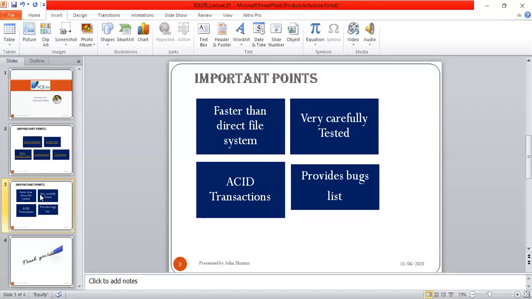So it provides the bugs list if anything unacceptable is going to happen, so that it is easy to recover from and remove, and to overcome such problems, so that it would not be an issue in the future once we deal with certain applications and certain behaviors.